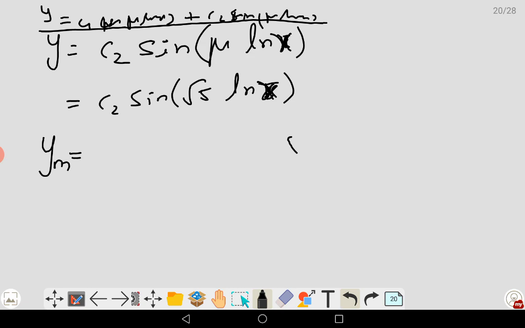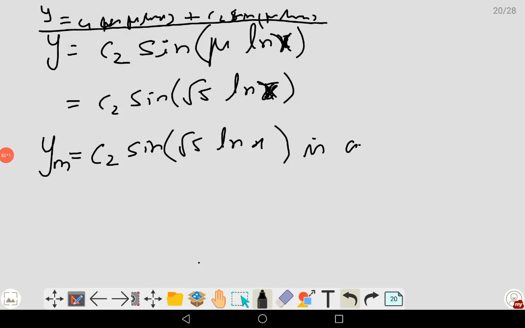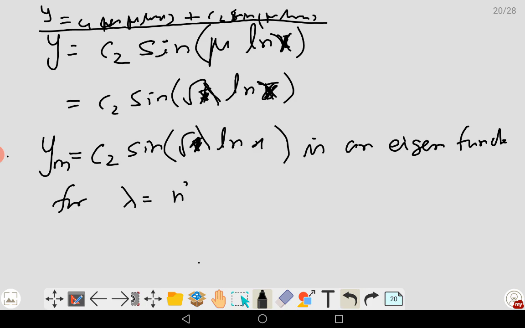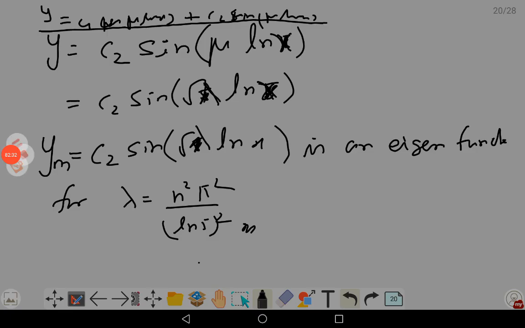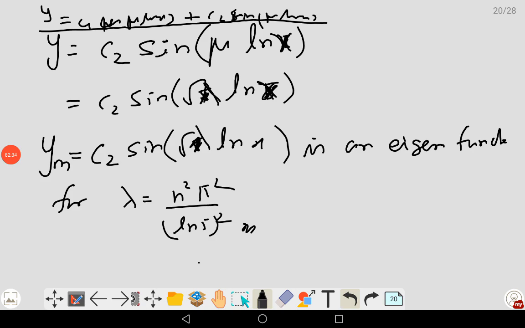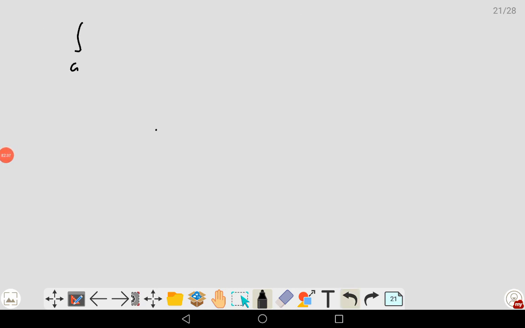Check back. So from C1 being 0, you get C2 this one. So generalizing, yn is C2 sin root lambda ln x, which is an eigenfunction for the lambda value, where mu is root of lambda. So the lambda value is n square pi square by ln 5 whole square. So we have proved the eigenfunctions.